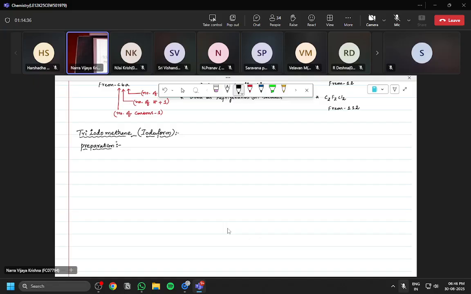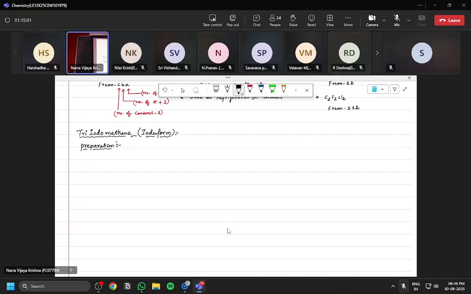Right. Next one: alcohols in presence of SOCl2. Fittig, Wurtz-Fittig, Ullmann, right? Gilman, then Grignard reagent. All these are same. Right. Next. Reimer-Tiemann, carbylamine. Right. Now, haloform reaction.